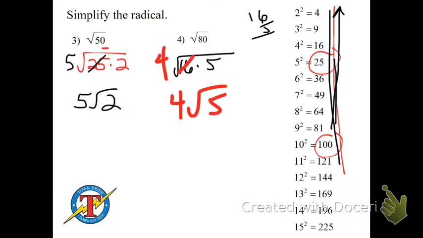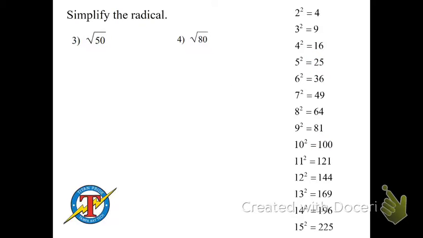Now I'm going to show you one more way that you could have done that last problem. So 4 root 5, that was our answer. And here it is one more time. Okay? If you're not sure how to get what numbers multiply together to give you 80, and all you can think of is 8 times 10, that didn't help me.